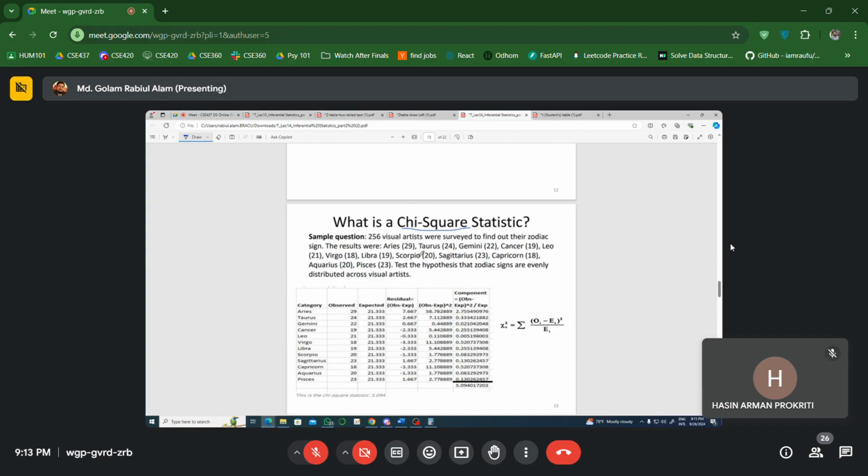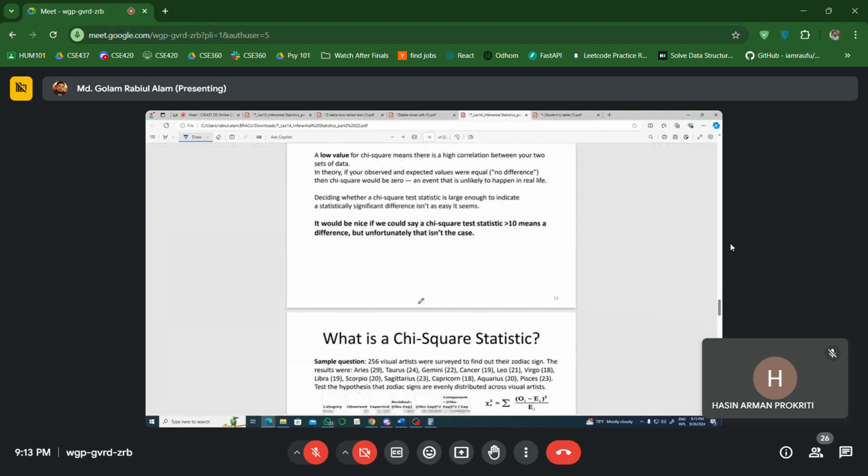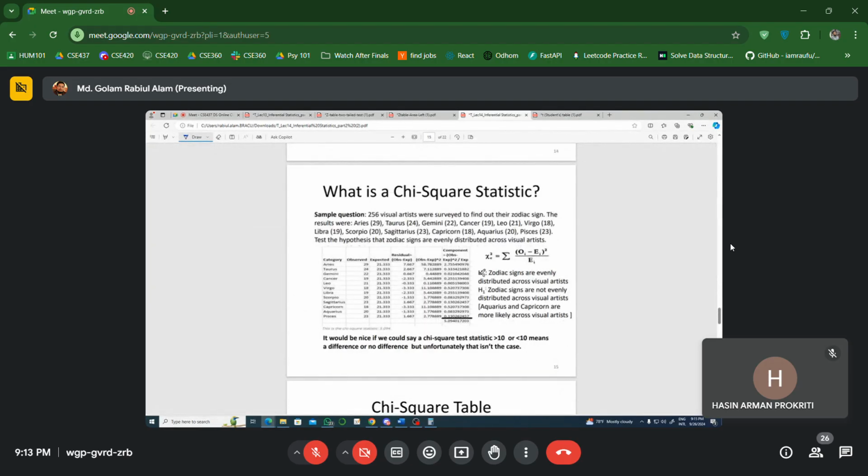Here, we want to test a hypothesis that the zodiac signs are evenly distributed across visual artists. We can define our null hypothesis, H0: the zodiac signs are evenly distributed across visual artists. This is a common belief; we assume that visual artists also have the same proportion of zodiac signs.